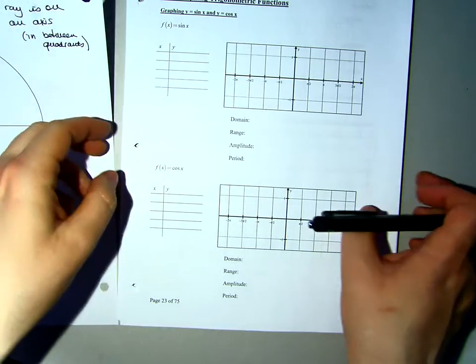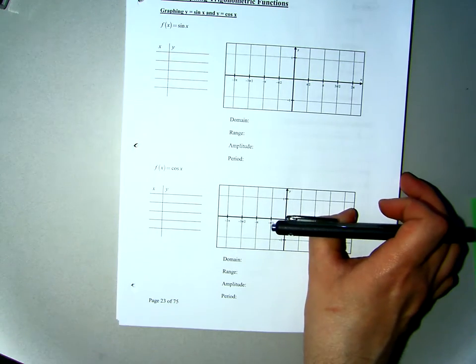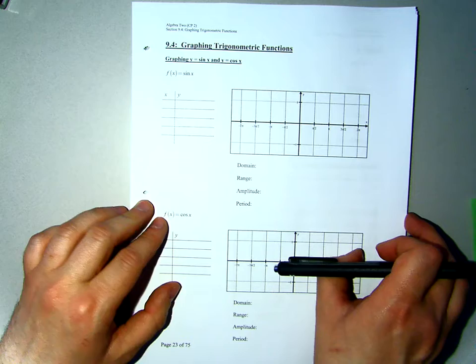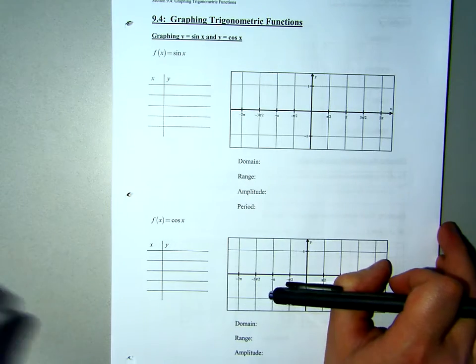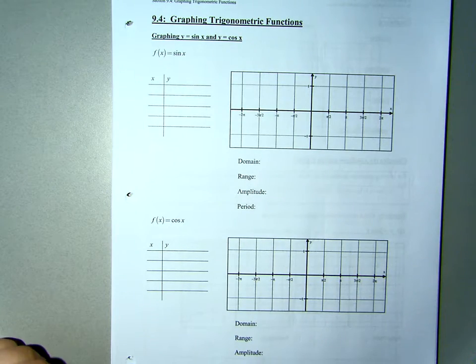On the next page, we want to graph the sine of x. Y equals the sine of x. And I need to plug in some good x values. Now, my good x values are angles that I can easily find the sine of. I am not going to plug in 0 and 1 and 2 and 3 and 4.